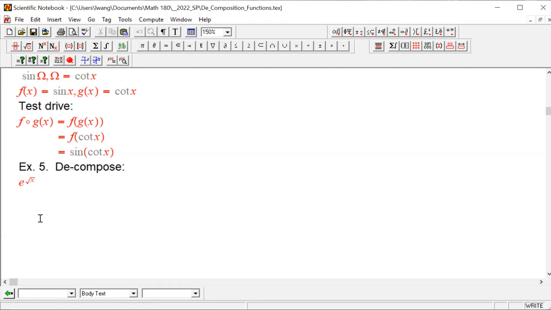And the next one is the square root of 2 minus e to the power x. So how do we decompose that? And the next one is ln of x squared minus 2x. Okay, so you may like to pause it and come back.